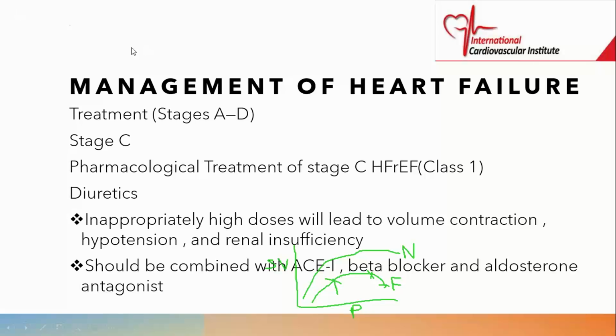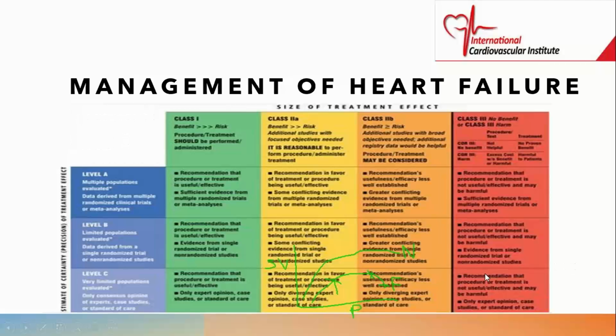Unlike your stage A and B, where your stage A patients just have risk factors for heart failure, and your stage B patients have structural heart disease but are asymptomatic. Your stage C patients are the symptomatic patients. So those patients should be on ACE inhibitor, beta blockers, and aldosterone antagonists.